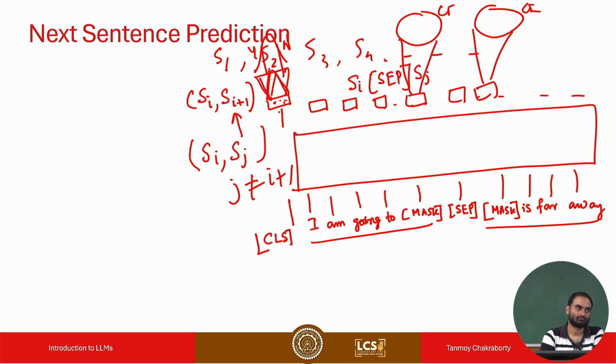So here the model will predict something, yes or no. If it is yes, and it is actually yes, then there is no loss. The loss here is with respect to the next sentence prediction task, and the losses here are with respect to the mask language modeling objective, and both these losses will be back propagated end to end.